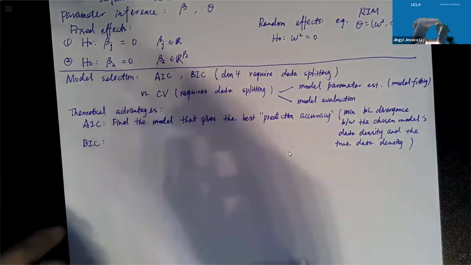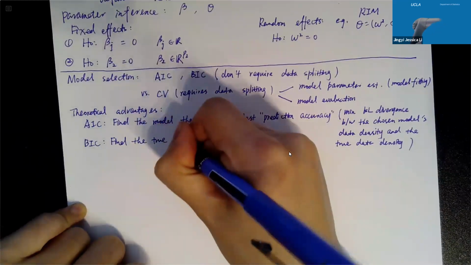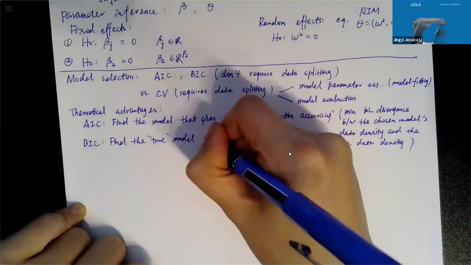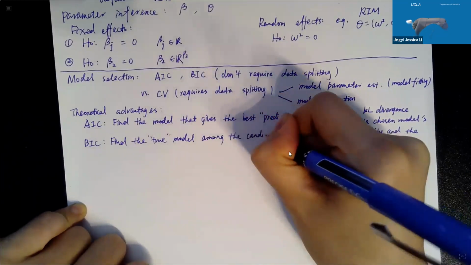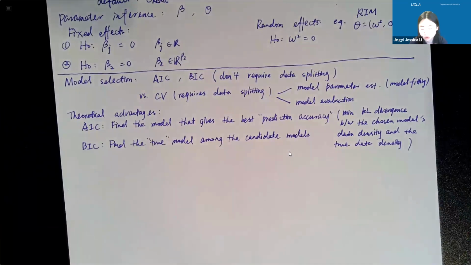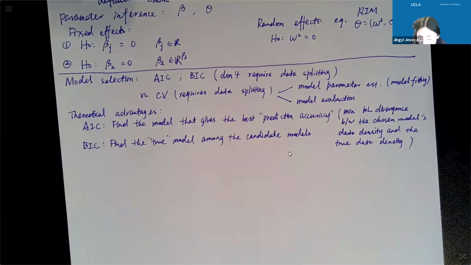Its goal is to find the true model among the candidate models. You can see that in the concept of BIC, we are under the Bayesian framework, which is the B. So what it means is that we want to evaluate the posterior of each model given the data, and we want to pick the model that has the largest posterior probability.